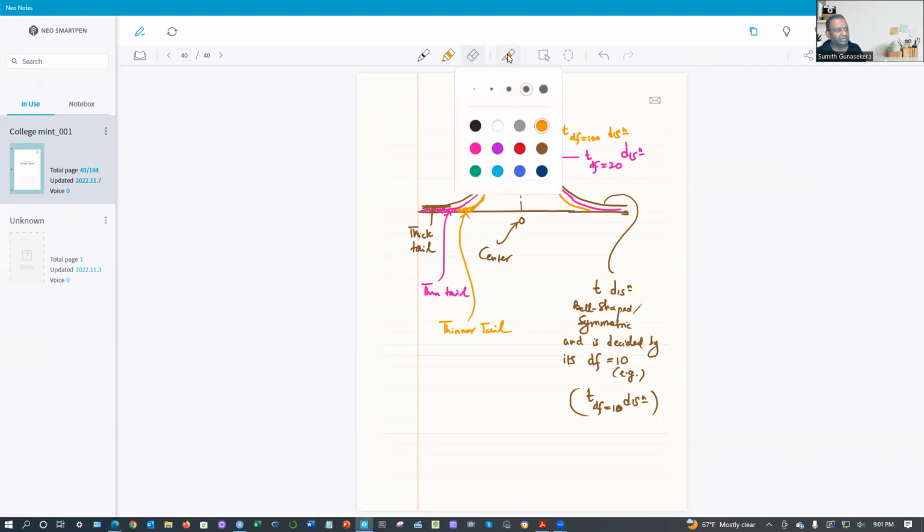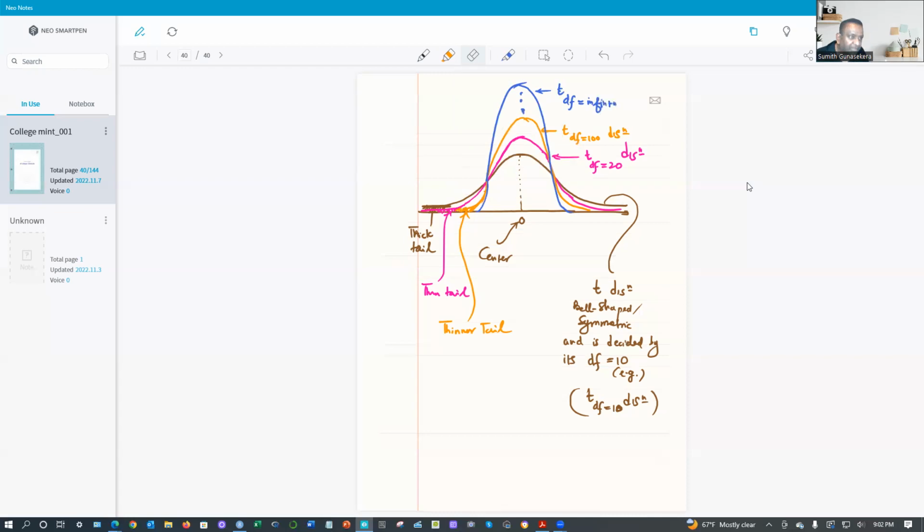So you keep going, keep going, and then it looks like this. This is a T distribution with the degrees of freedom equal to infinity.